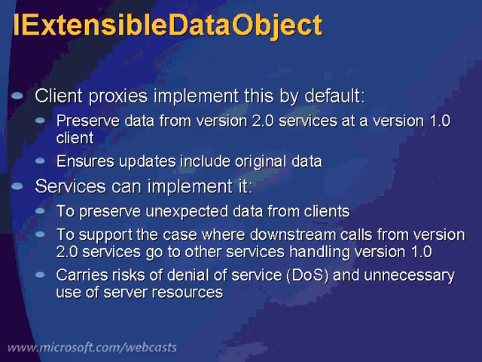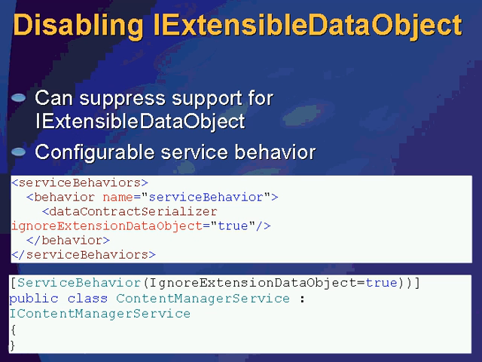Now, I already talked about the fact that clients implement it by default. Services can implement it, and I've talked about the risks. To protect yourself at the server, you can configure the data contract serializer to ignore extension data objects.